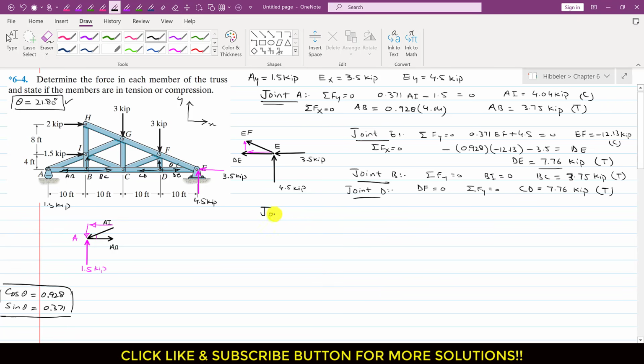So joint H, since at joint H we have one known force and two unknown forces, right? So this will be relatively easier to solve, right? So again, let's say that at joint H we have this GH force in this direction, and let's say that the HI force is acting in the downward direction, let's see.